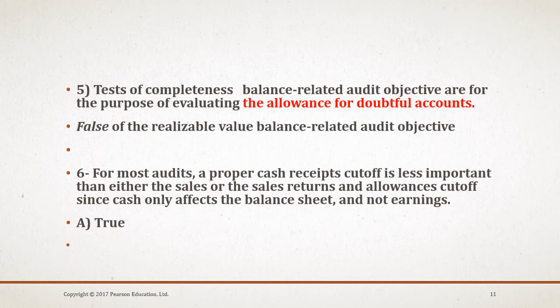Number 5: tests of completeness, it means nothing is omitted of the real transactions. Balance related audit objectives are for the purpose to evaluate the allowance for doubtful accounts. Of course not.